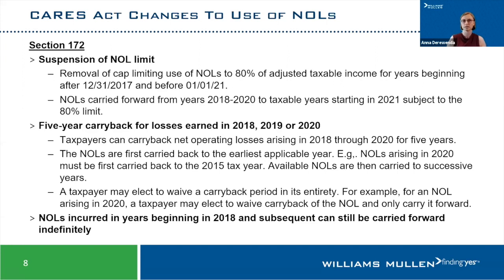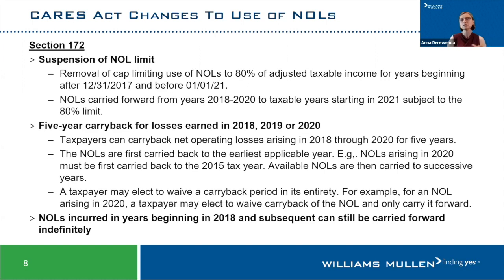So under the CARES Act, for 2018, 2019, and 2020, it removes the 80% limitation, and it also provides that, as the default setting, losses arising in those years have to be carried back 5 years. So they're carried back to the earliest applicable year. For example, if you have losses arising in 2020, those losses automatically need to be carried back to 2015.